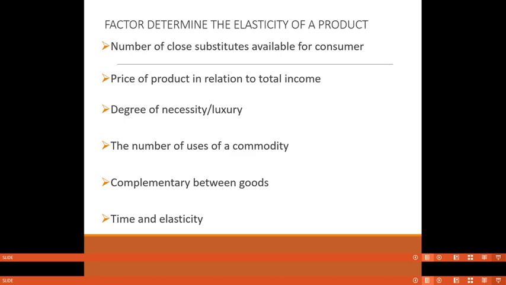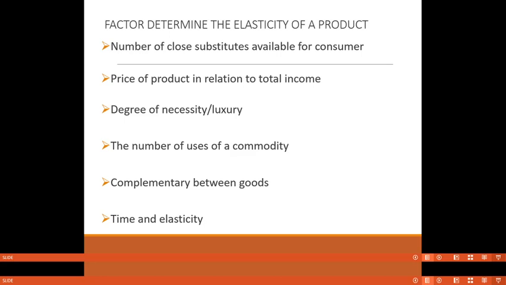Degree of necessity and luxury, that means the nature of the product. If the commodity is a necessity, it has less elasticity, and if the commodity is a luxury commodity, it has more elasticity. And next we have the number of uses of the commodity.